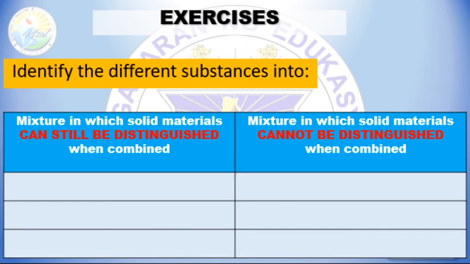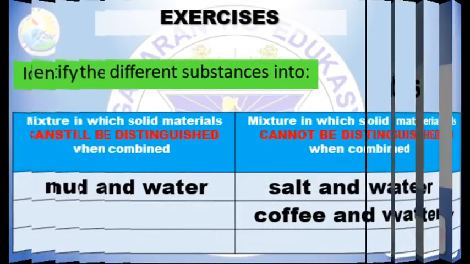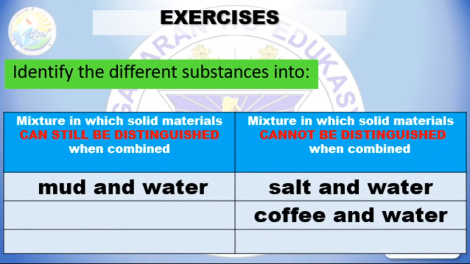Alright, so what can you conclude in doing the activity? Alright, let's check. A mixture in which solid materials can still be distinguished when combined is mud and water.